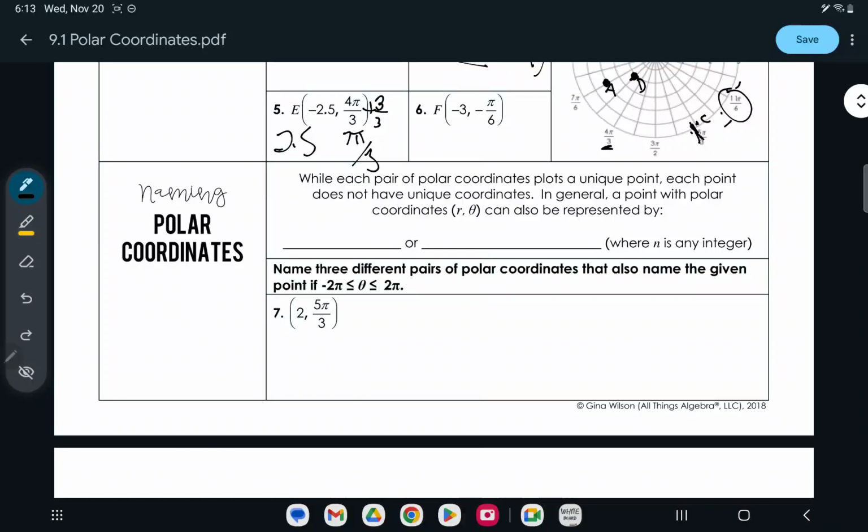All right. So each pair of coordinates, we actually could have more coordinates that mean the same thing, or like they're in the same spot.